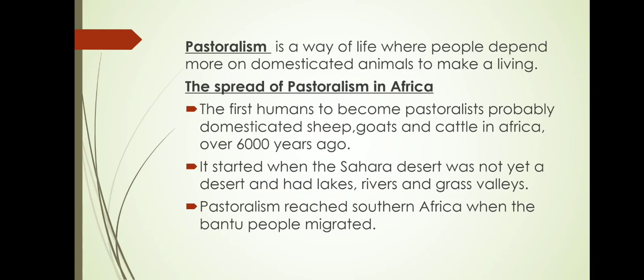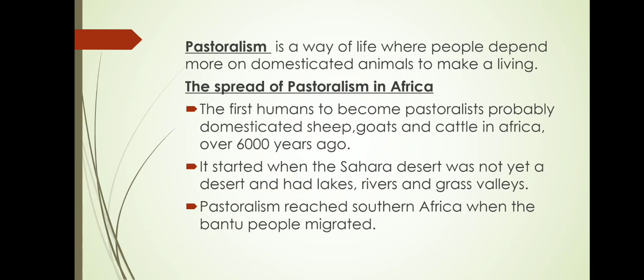Scientists believe, because of the things they found in the desert, that first it was mostly looking like our land where we stay, with lakes, rivers, and grass valleys. So pastoralism started at that time when the Sahara Desert was not as dry as it is today.